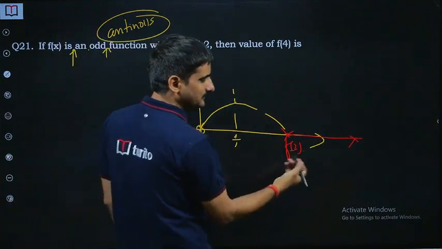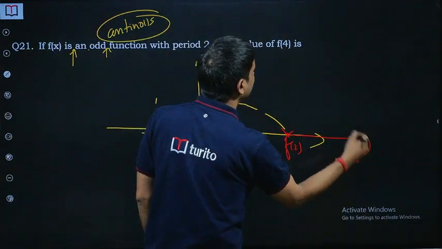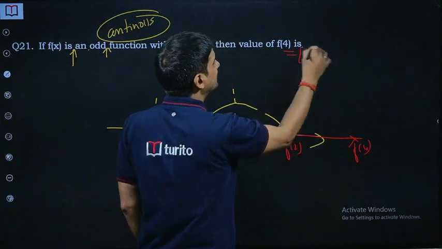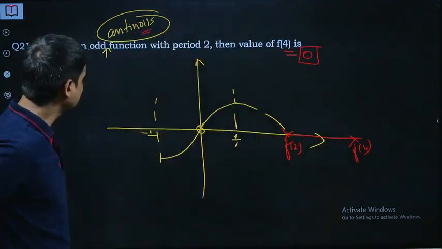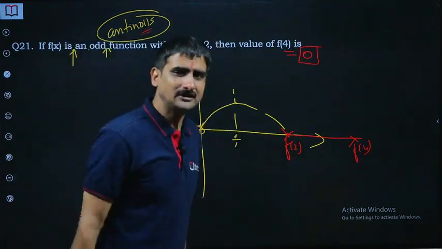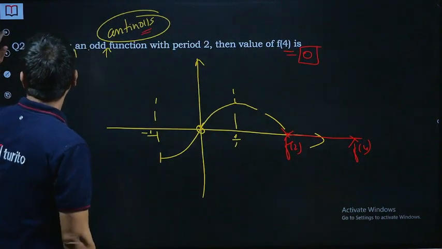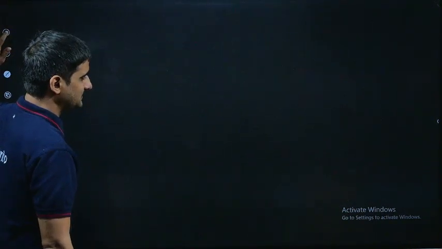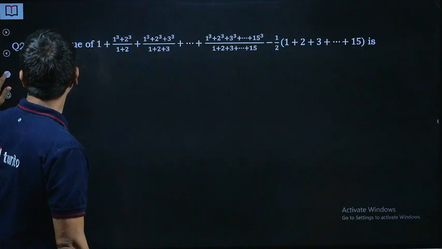So 0 plus 2 is f of 2, and plus 2 is f of 4. So f of 4 must be 0. That should be the answer. Yes, of course it has to be 0.